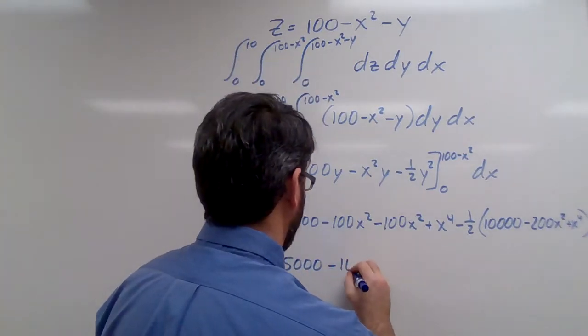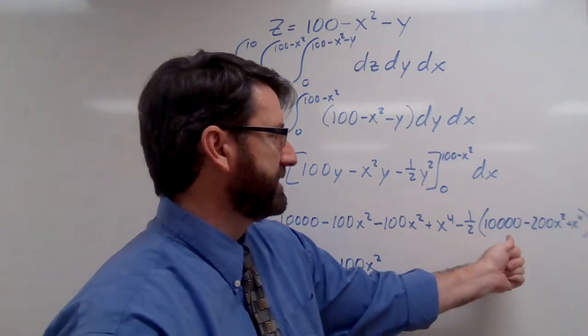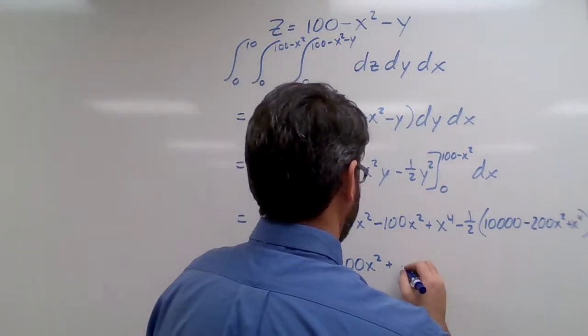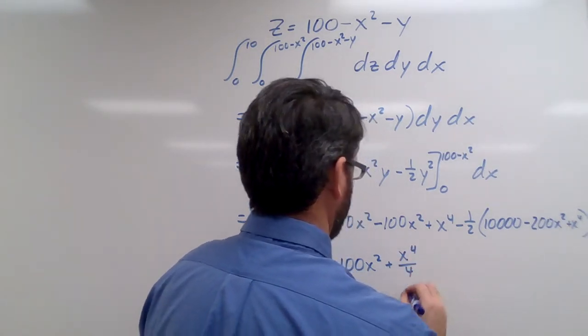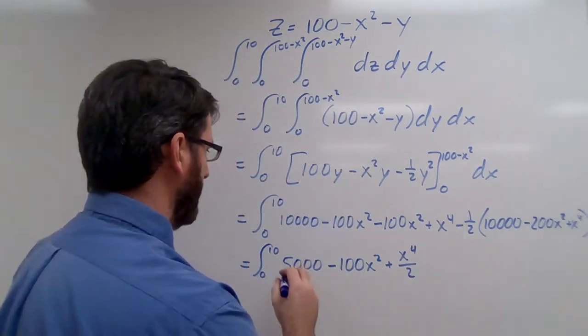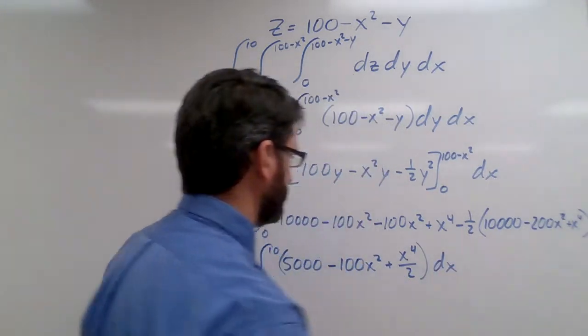So that's minus 100 x squared. And then x to the 4th minus 1/2 x to the 4th is going to be plus 1/2 x to the 4th. And all of this dx.